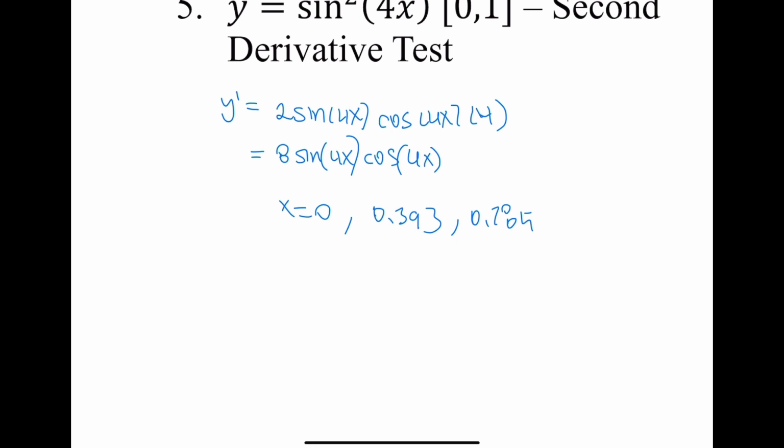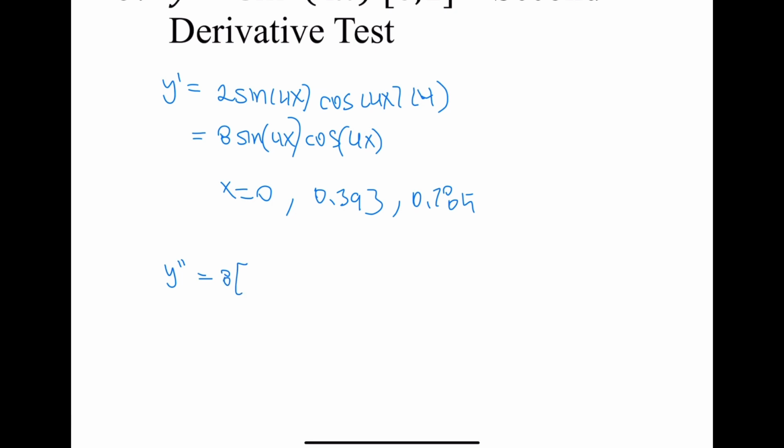So y double prime equals 8 times (4 cosine squared 4x minus 4 sine squared 4x), which is 8 times 4 cosine squared 4x minus 4 sine squared 4x.